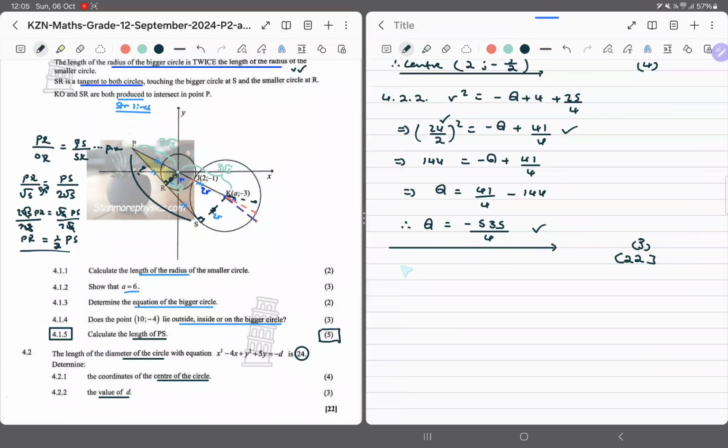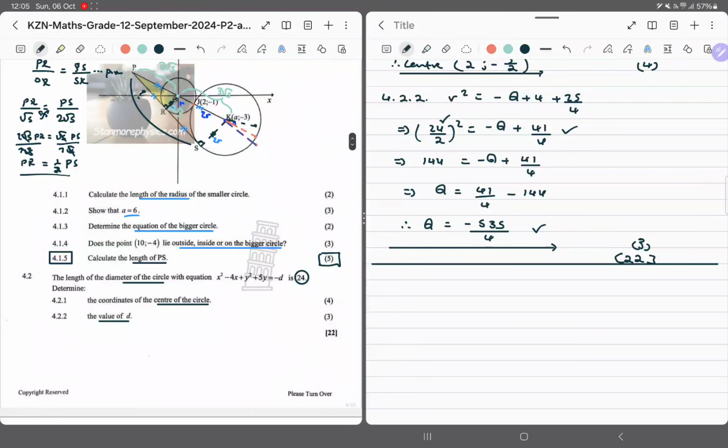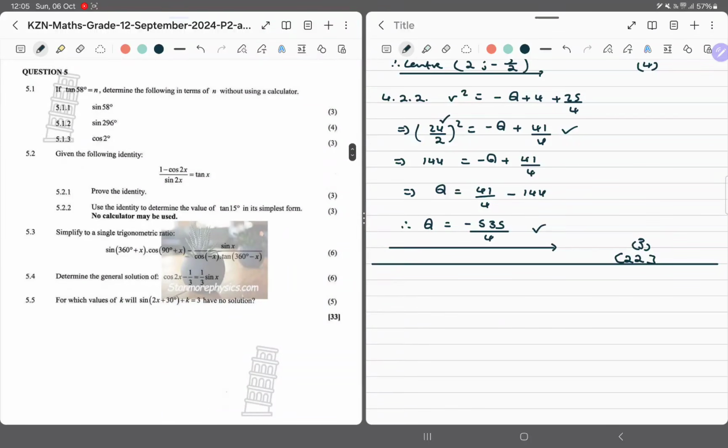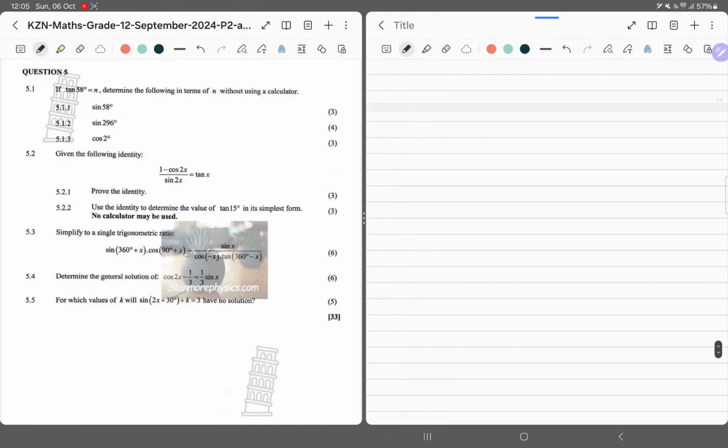So if we didn't commit any crimes, those 2 marks could have been scored nicely. And as you can appreciate, guys, question 4 is always interesting, isn't it? Because it's a true grade 12 question, unlike these other ones, which are purely grade 11 and then a bit of grade 12. Now let's quickly go to question 5 and see how far we can go.